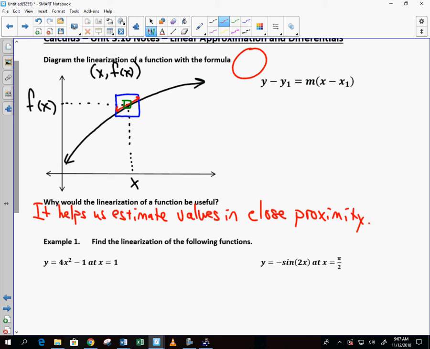We want to write an equation for the linearization. We just write the equation for the line tangent. And so x, f of x, happens to be your point. And anybody know what your slope would be? f prime of x.